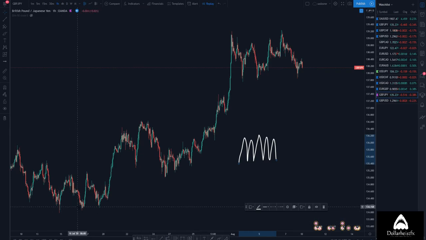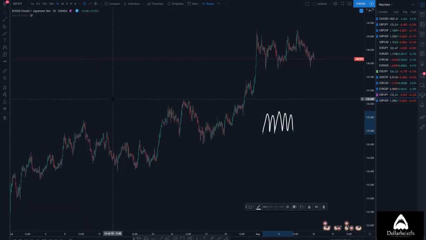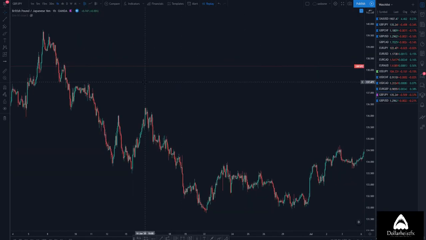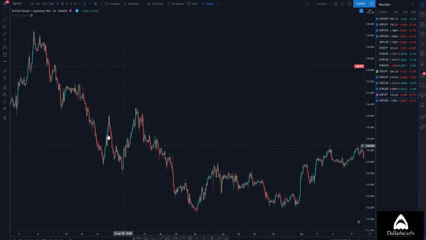If you see right here, it's an uptrend. When that particular pair is going uptrend, it basically indicates that the front of the pair is stronger than the back. The British pound is stronger than the Japanese yen when it's uptrend. But when you see a downtrend like this, it indicates that the Japanese yen is stronger than the British pound.